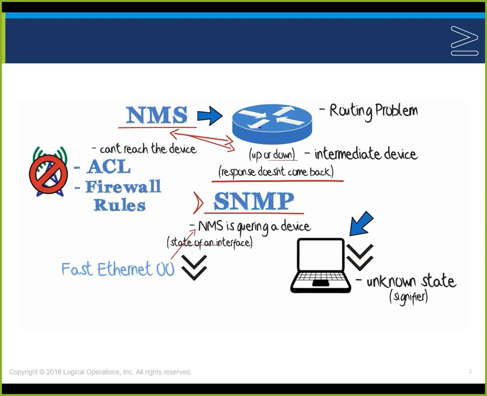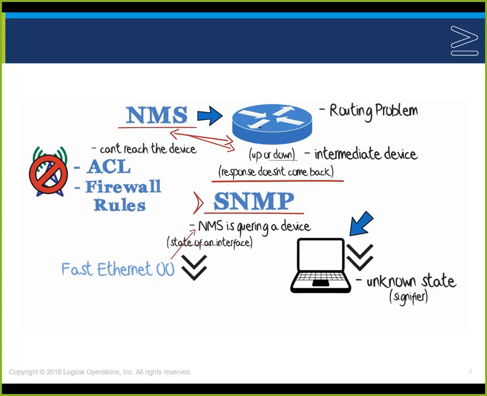Network management service, say we have a routing problem, can't reach the device. Access control list, firewall rules, different things may be stopping it. If you're going to use SNMP, you need to be sure that you're not blocking port 161.